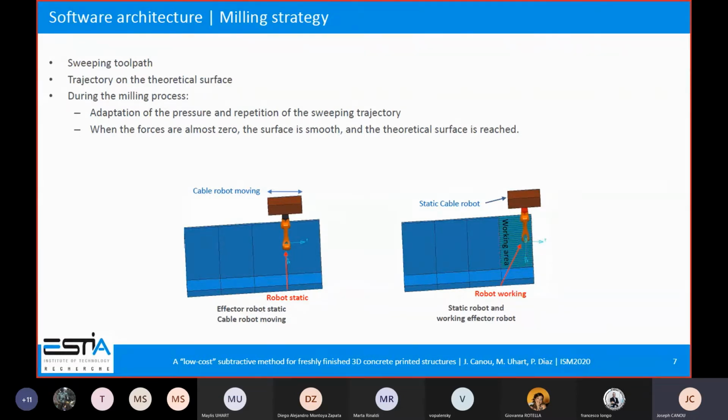So it's really easy to program the operation because you do not have to think about the advance you are doing when polishing or when removing materials, and just control the forces. If you do not have any forces, it means that you are at the correct surface.